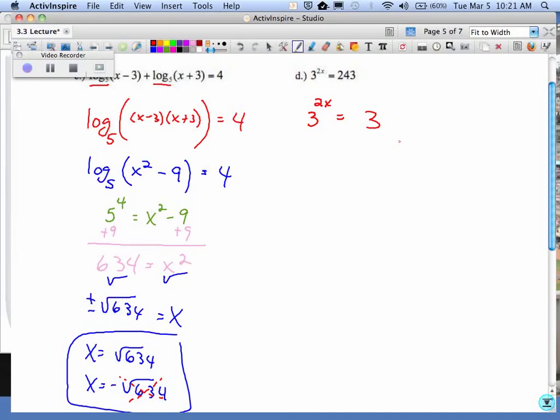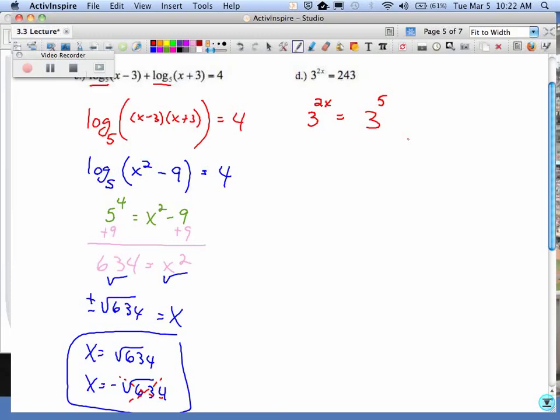Now, you attack this problem knowing I'm going to try to get the bases the same. And if you go 3 times 3 times 3 times 3 and you skip over 243, then you have to handle it with what we teach you tomorrow. But for today, if you can get the bases to be the same, it's a lot easier.